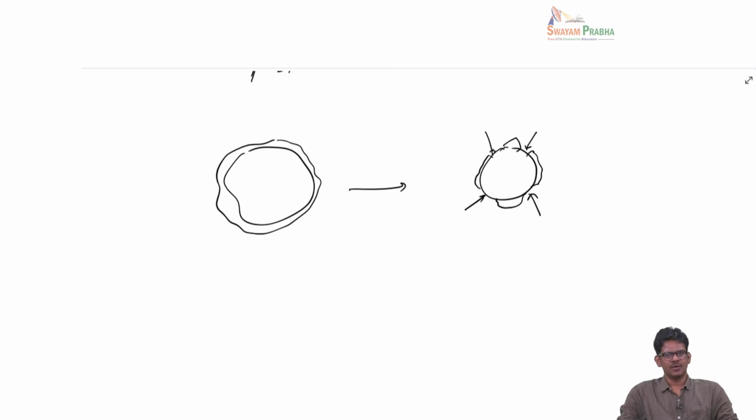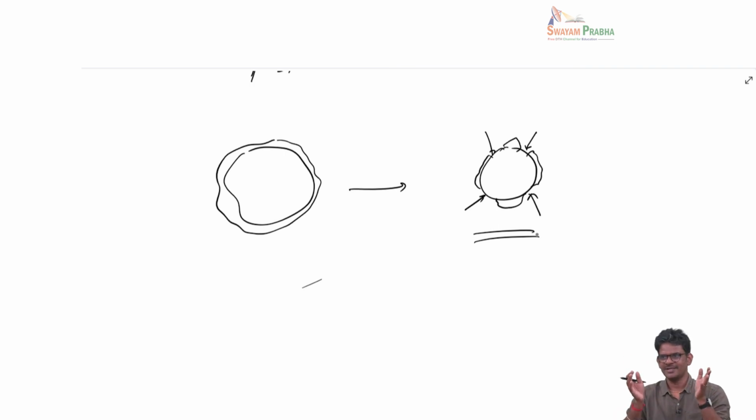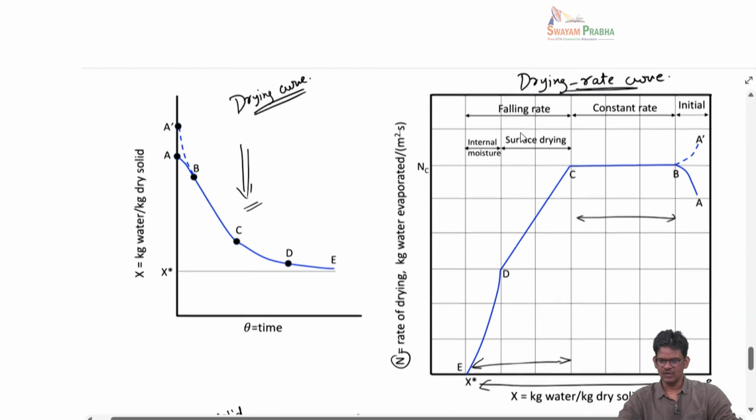But the original N, that mass transfer rate, is written with respect to the initial overall wetted area. Okay. But here once you reach this point, drying is happening only from those film areas, which is much less than the overall initial wet area. Because of this, N will keep decreasing. Okay. That is why we call this the falling rate, this range C to D, we call it surface drying.